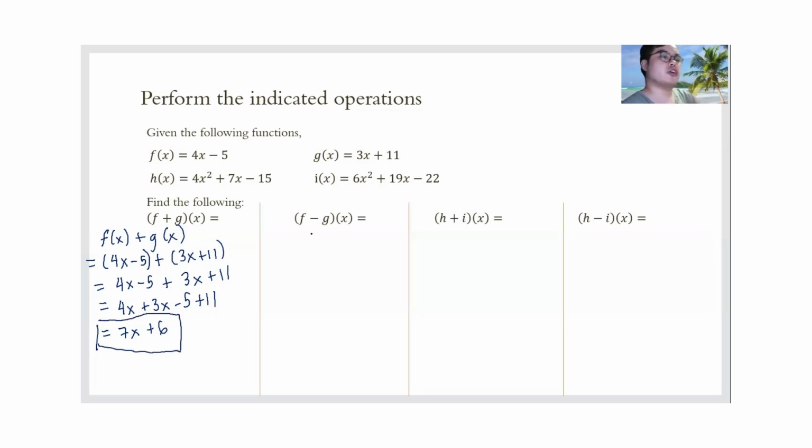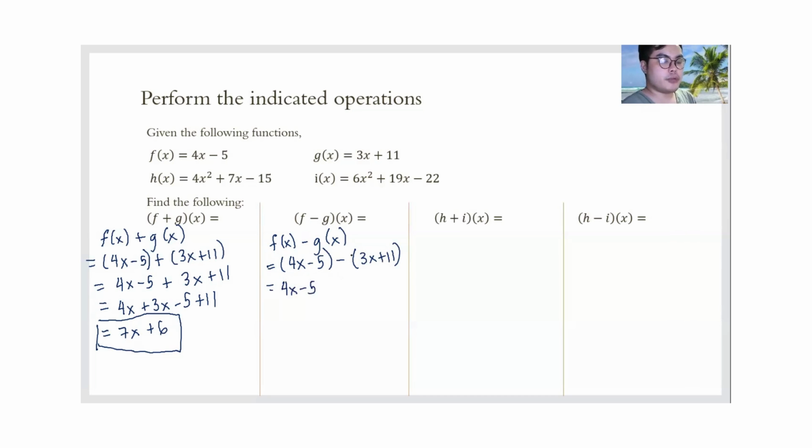Okay, so for f minus g of x, we're going to subtract f of x and g of x. We're going to use the same functions, but the difference is we're going to use a different operation, namely subtraction. All you have to do is copy the terms of the first group.